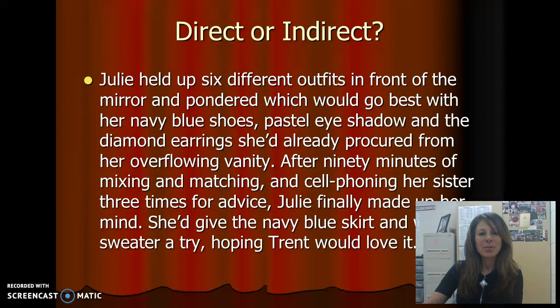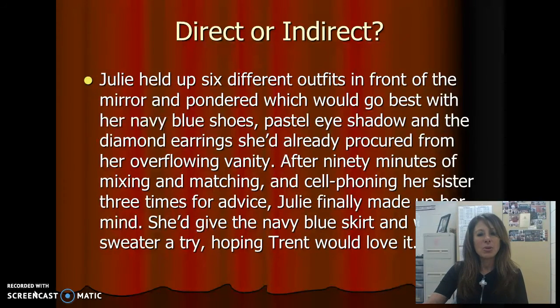Here's another example. Julie held up 6 different outfits in front of the mirror and pondered which would go best with her navy blue shoes, her pastel eyeshadow, and the diamond earrings she'd already procured from her overflowing vanity. After 90 minutes of mixing and matching and cell-phoning her sister 3 times for advice, Julie finally made up her mind.